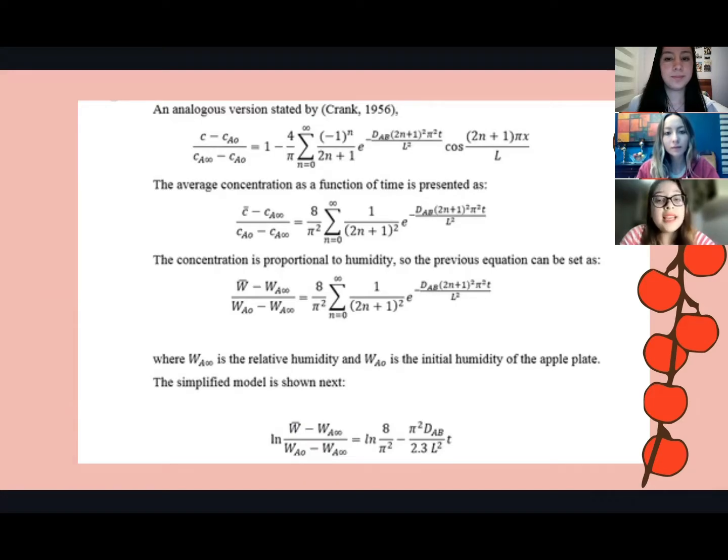The data applied is WA infinity equals 10.6 grams, and consecutively the quotient W, defined by the logarithm of this expression versus time, was graphed for each concentration to obtain the diffusion coefficient.